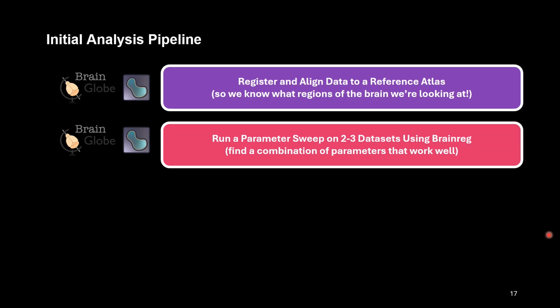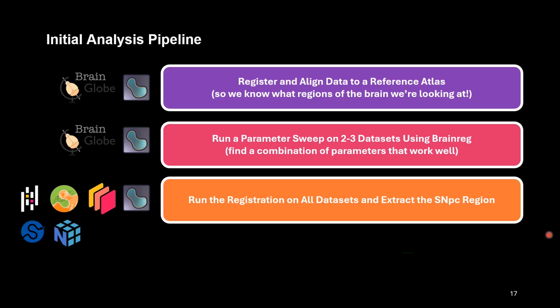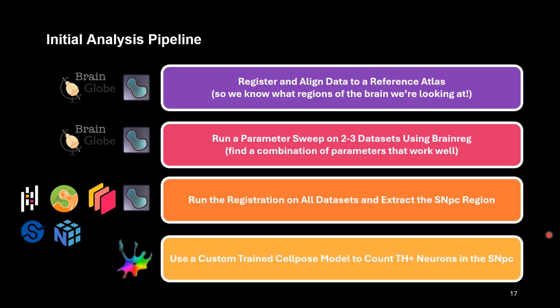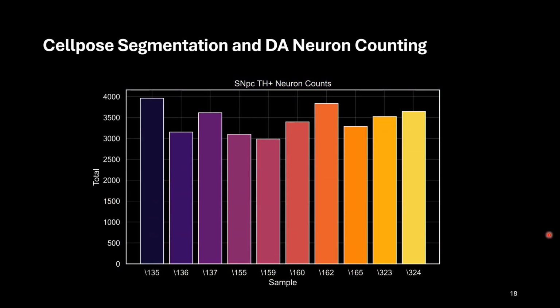And then once we found that, we could apply that set of parameters to the rest of the brains using all of these packages, and we could extract out the SNpc region. And then finally, we would use the custom-trained Cellpose model to count the Th-positive neurons in the SNpc. So once we do this, we have this sort of distribution of all the different counts for all the different samples. So we should be done, right?